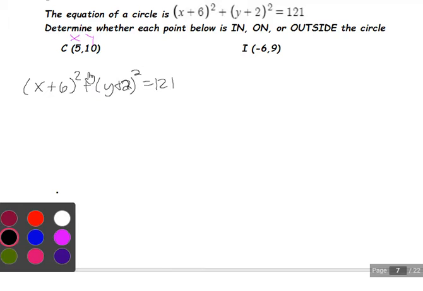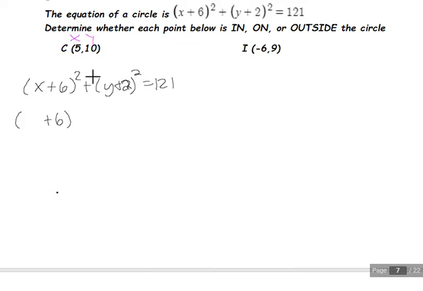Okay, so a little substitution. Okay, so our x and y values are 5 and 10. So it gives us 11 squared plus 12 squared is equal to 121.